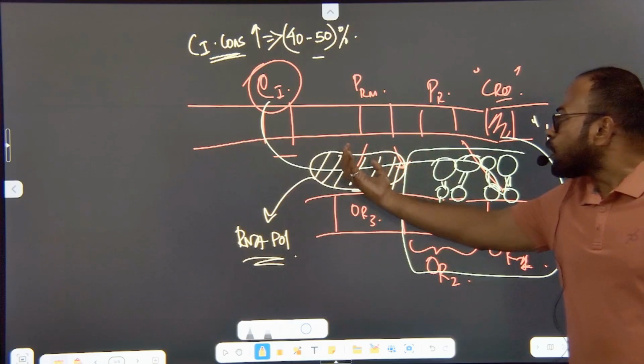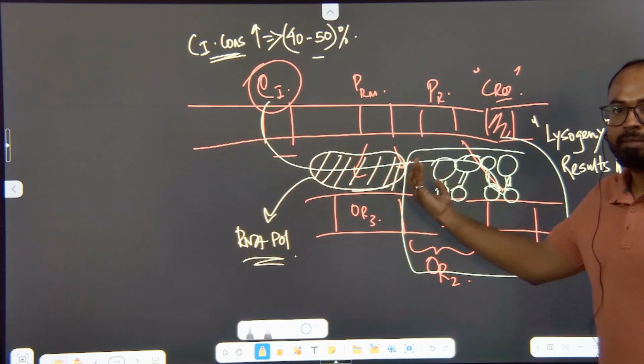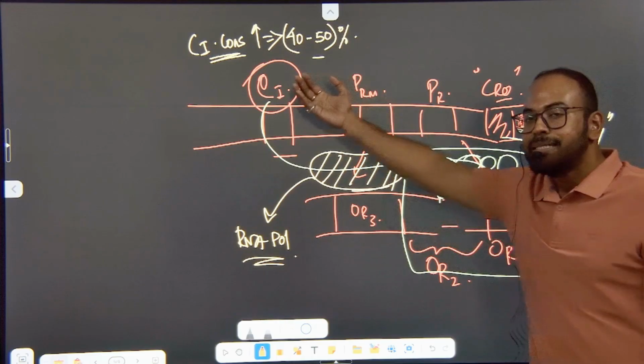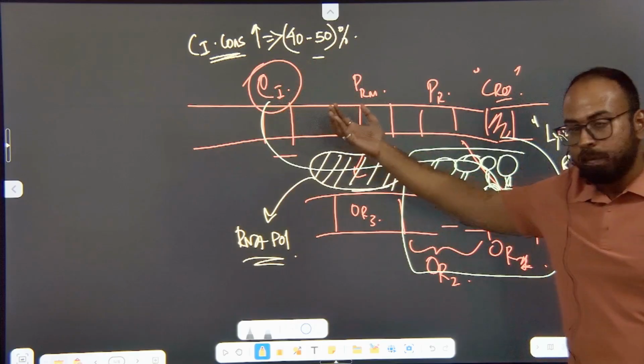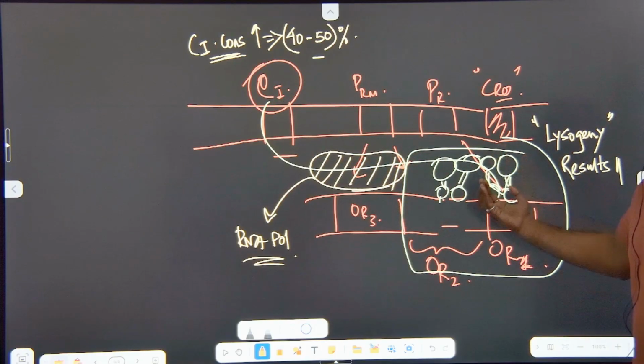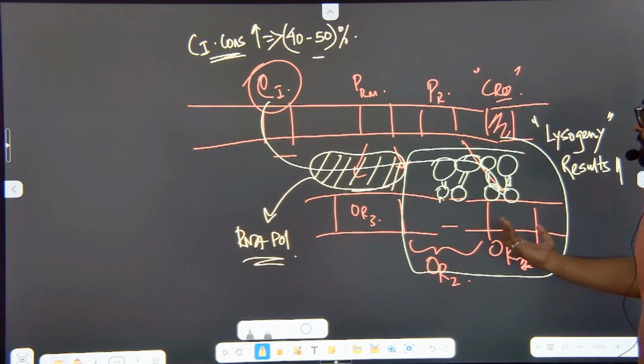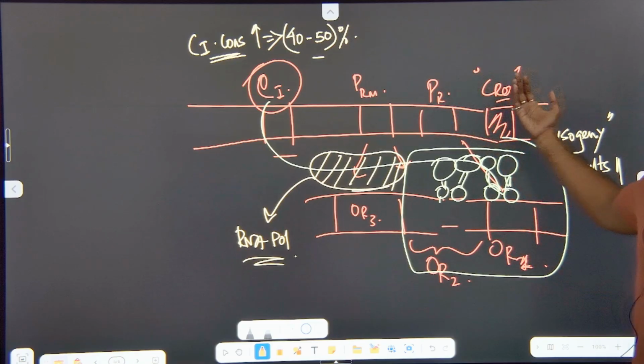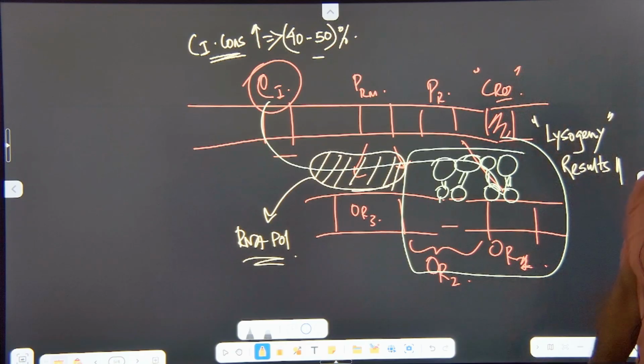So it has to synthesize C1 only because OR2 and OR1 are already blocked by C1. So Cro protein cannot be synthesized. Hence, lysogeny is the only option left.